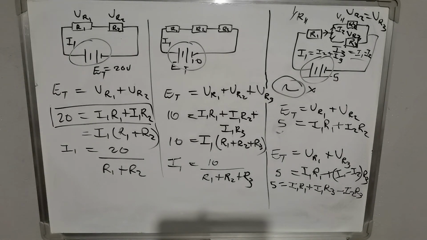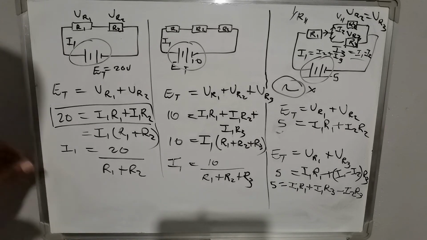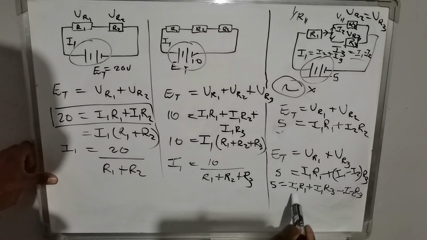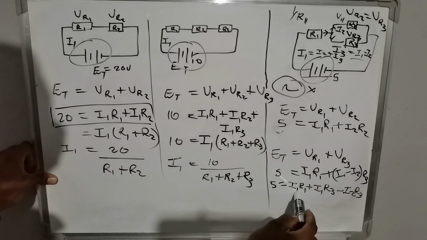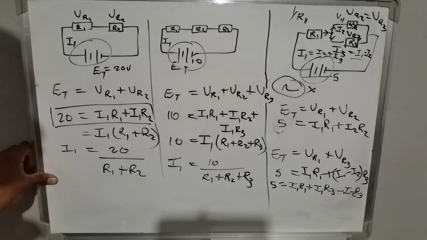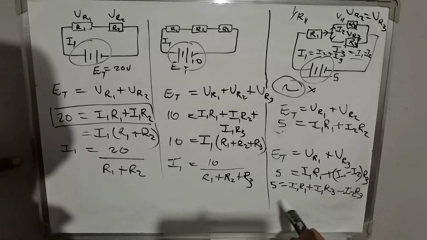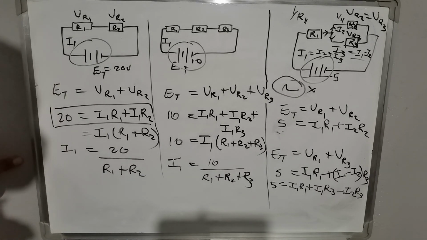So if we were given the values of these resistances, we would finally, let's say this was 2, this was 3, have 2I1 and 3I1, then add them to get 5I1.